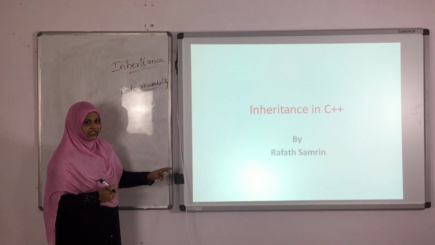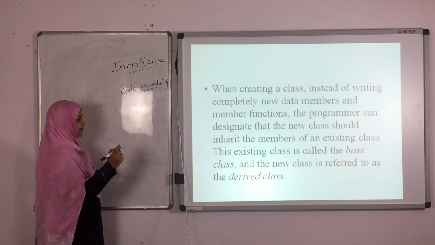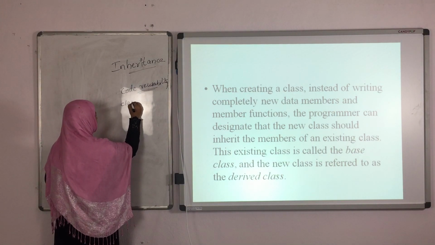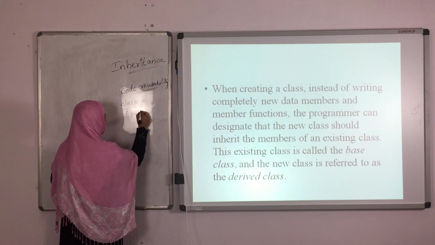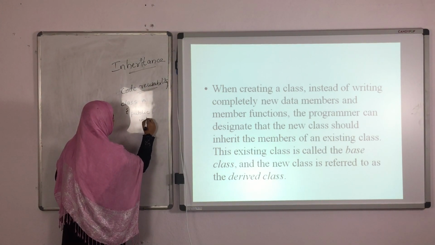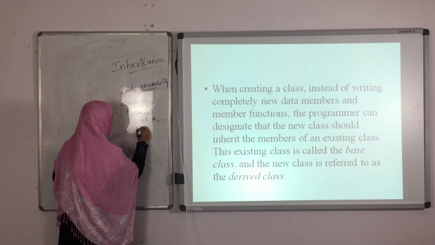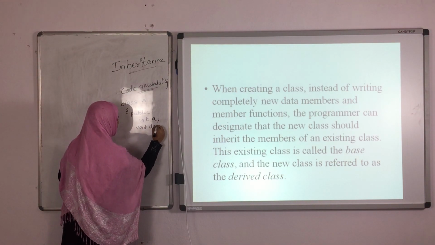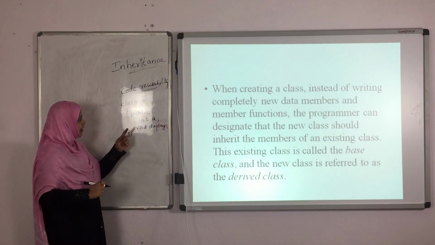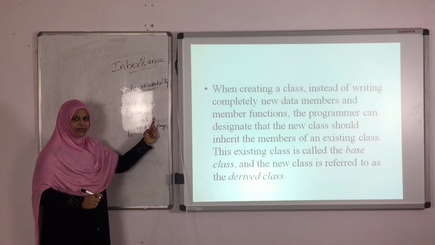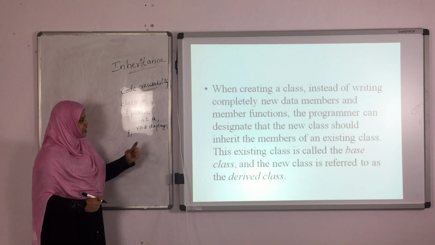Next. Here for example, class A, in this class A, public int a, void display. Right. Here I am declaring one data member a and one member function display.